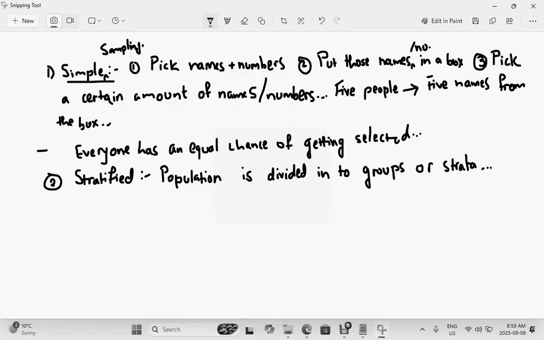This is for sampling. And then a proportionate number of people are chosen from each group.